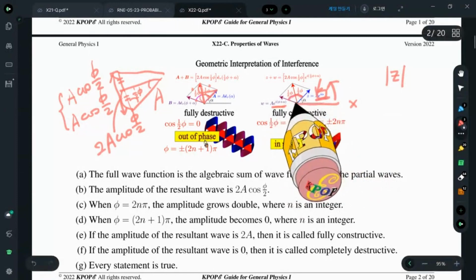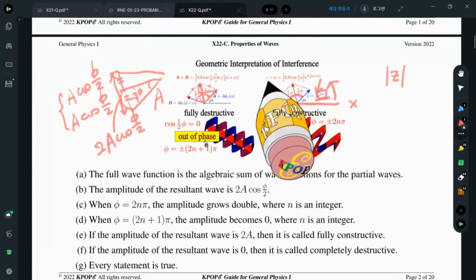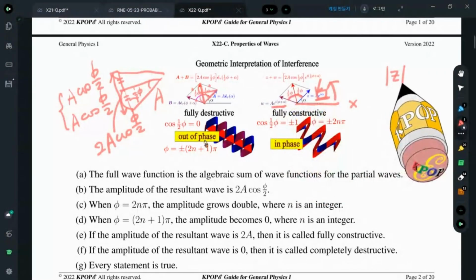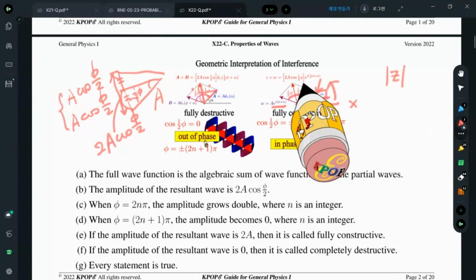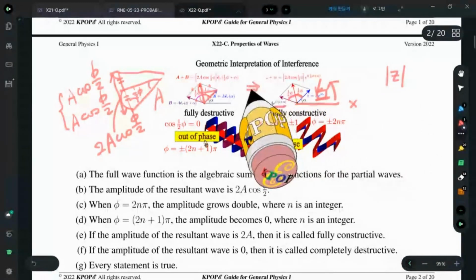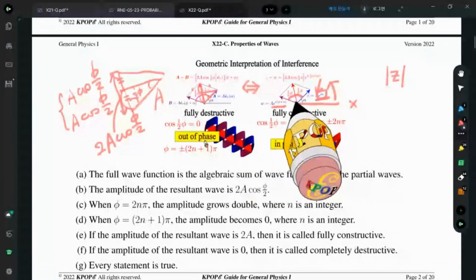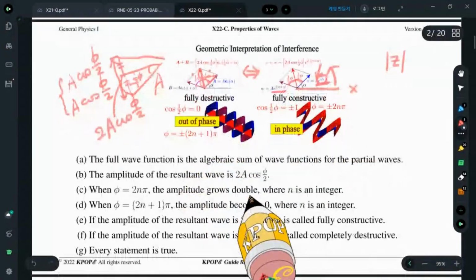If they have a phase difference of phi, then the result of the sum is 2 times A, where A is the absolute value of the complex number, times cosine of half of phi. That is exactly the same for two-dimensional Euclidean space and this complex plane.